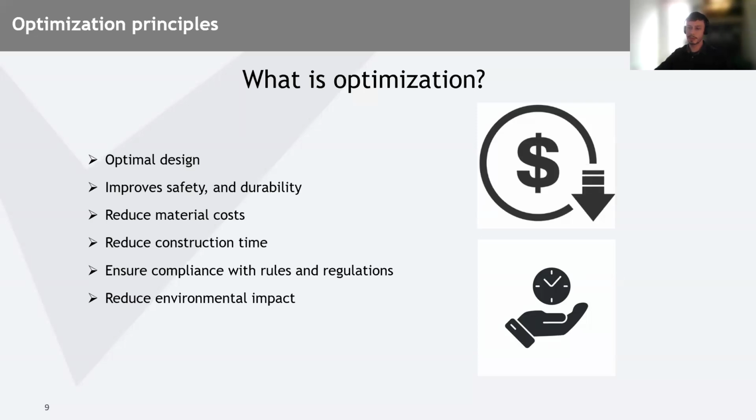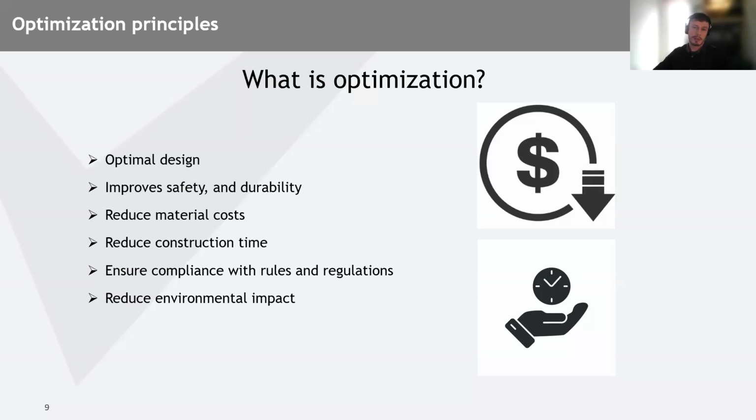Our utilization factor for members or plates shouldn't be on the low side, so we don't waste too much material on that. So in general, optimization refers to a process of finding the most efficient design that meets specified criteria.